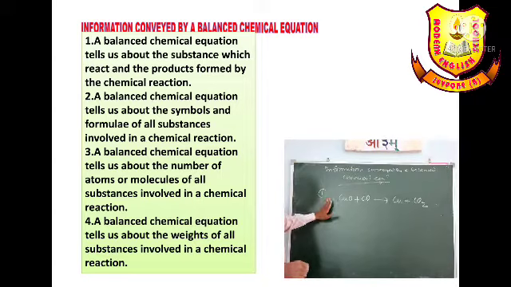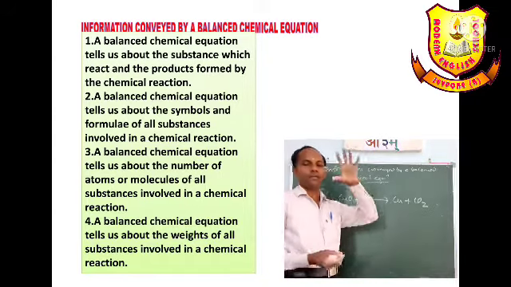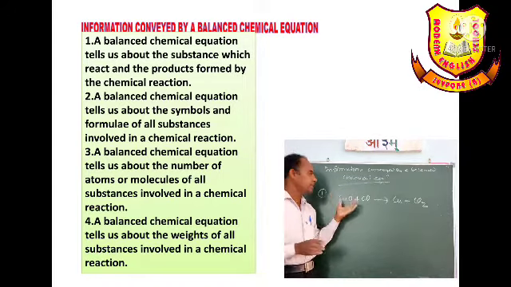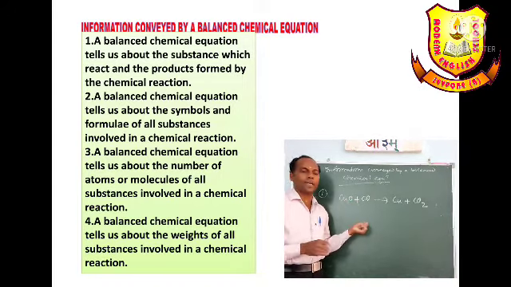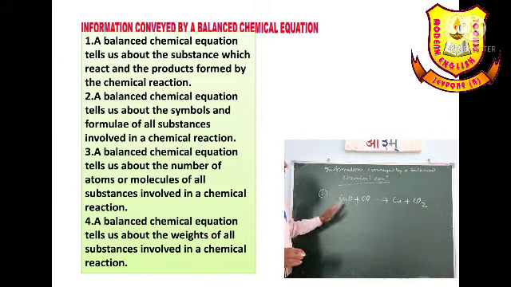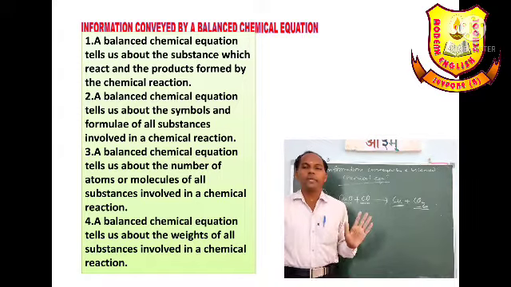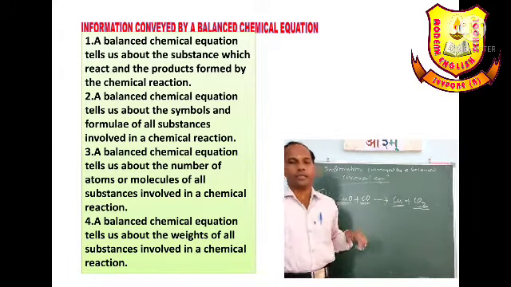This balanced chemical equation is giving the information about the substances which react: copper oxide reacts with carbon monoxide. And the products formed are copper and carbon dioxide. These are the reactants and products.